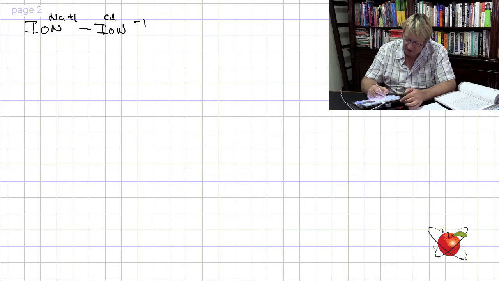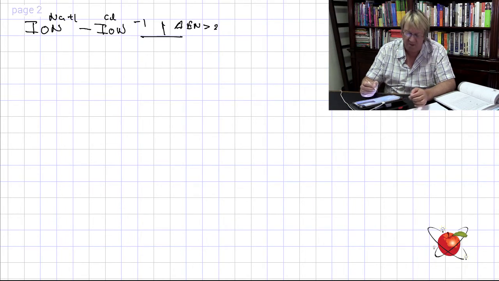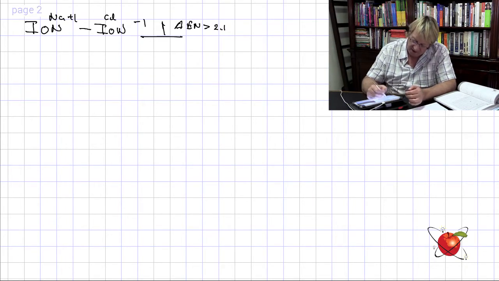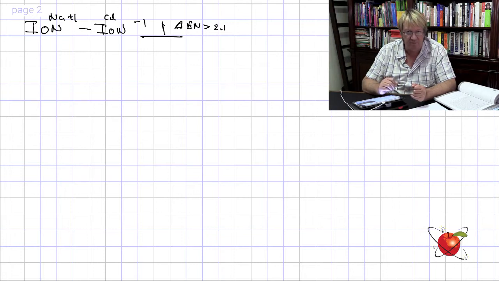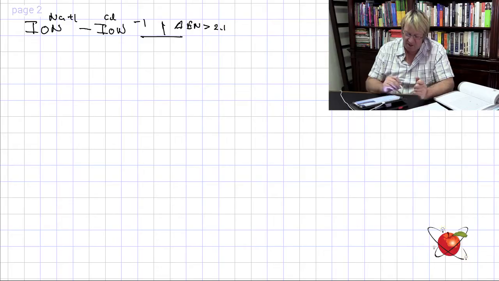Remember, electron time, no sharing, it's totally always on the ion, and it's got a delta electronegativity greater than 2.1. Now underneath we've got a dipole. Now let's see what happens when we form different compounds.